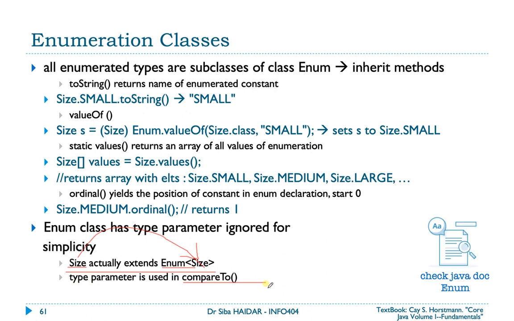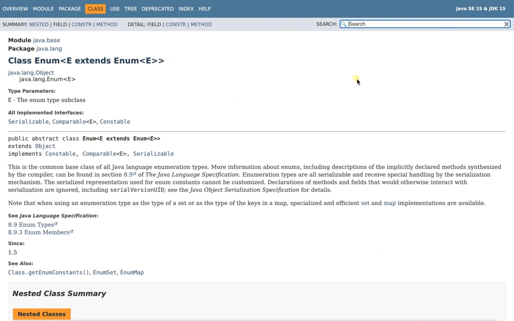What do we have to see now? We will check the Java documentation, and inside the Java documentation we will see the Enum class, of course, and after that we will go and check the listings of the package enums. So let's go to see the documentation. This is the Enum class.